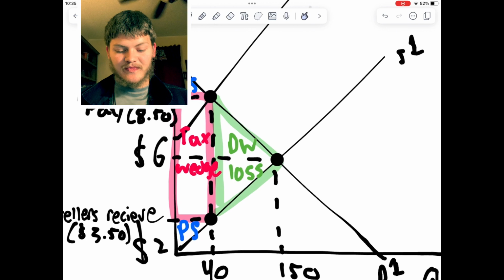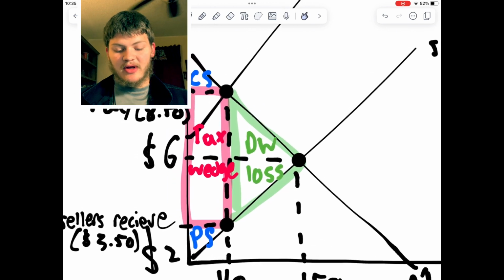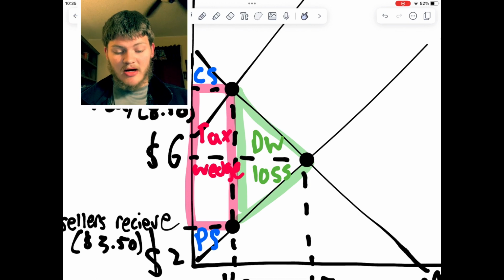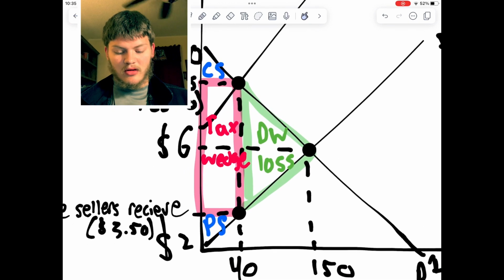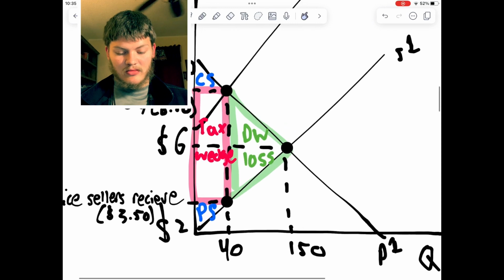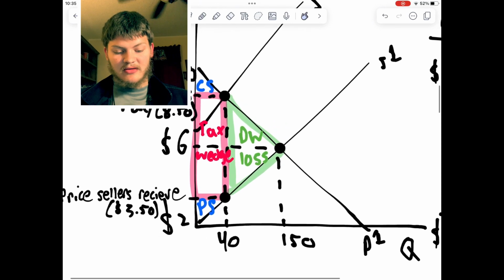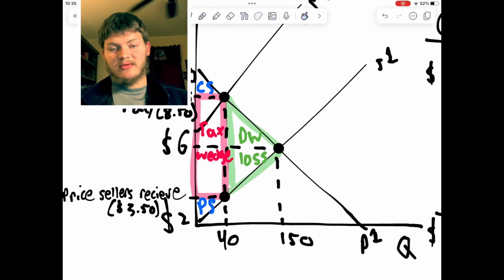So this is a rectangle, so we're just going to do length times width, which is going to be $5, obviously, with length, because the tax wedge, in this bright red here, the rectangle is between 8.50 and 3.50. It's the area between the price sellers receive and the price buyers pay.